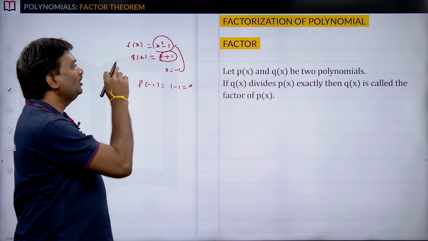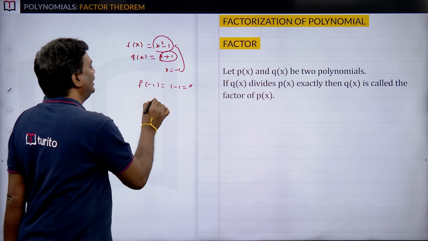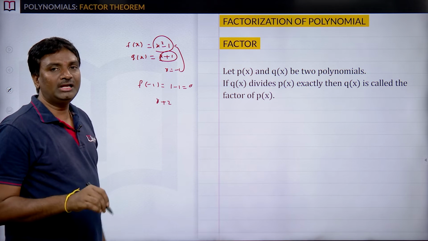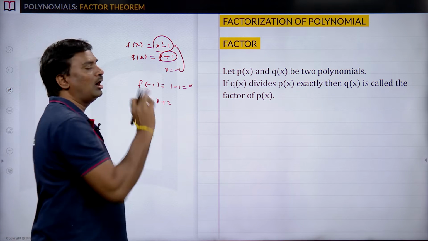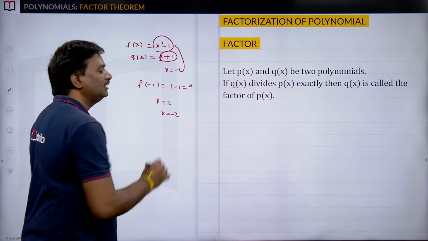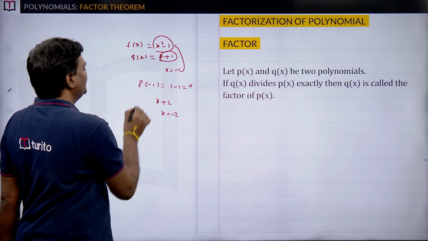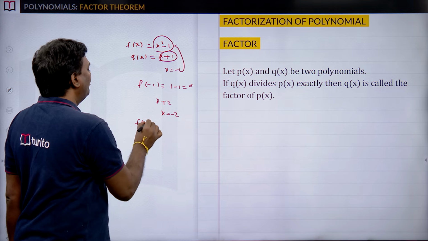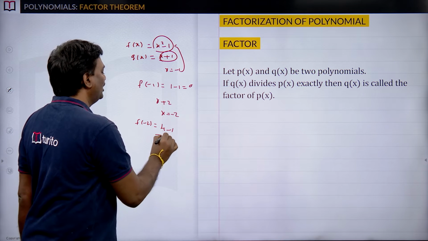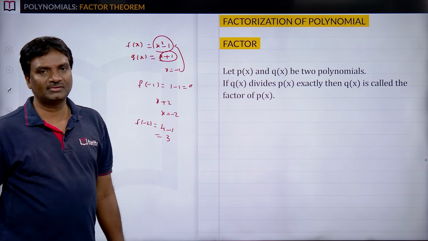For the same polynomial x square minus 1, check whether x plus 2 is a factor or not. So, to check whether x plus 2 is a factor or not for the polynomial x square minus 1, in place of x you can substitute minus 2. So, then what will you get? F of minus 2 equal to minus 2 whole square is 4 minus 1, that equal to 3.